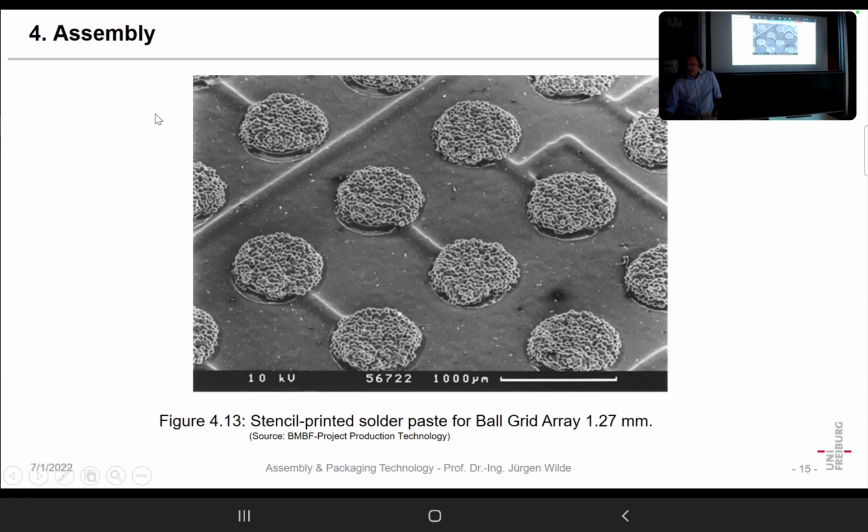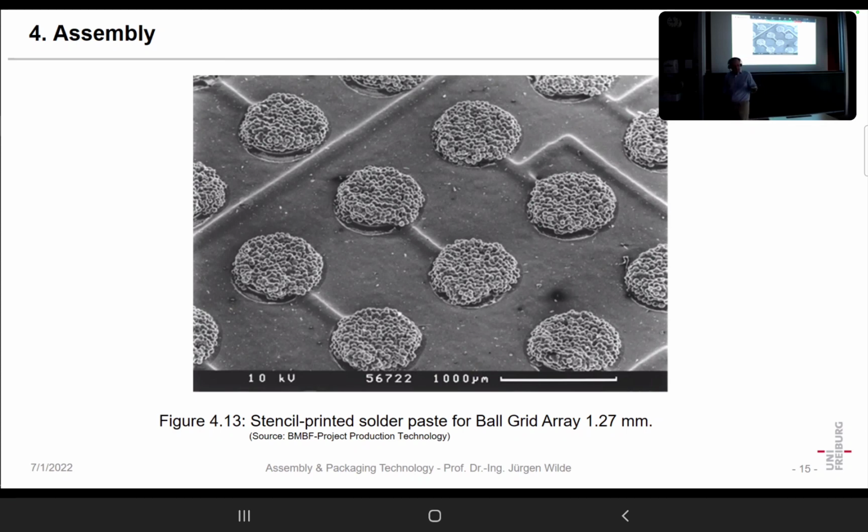If we have, for instance, 400 IOs, then we do not have 400 times 0.3 millimeters of periphery, but we arrange 20 by 20, so the length of one side is just 20 times the pitch. If the pitch is 1 millimeter, then the device is only a little over 2 centimeters large.